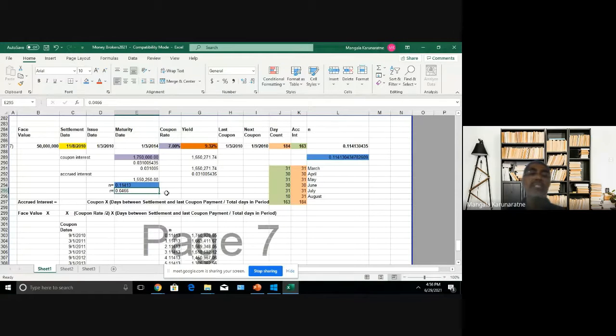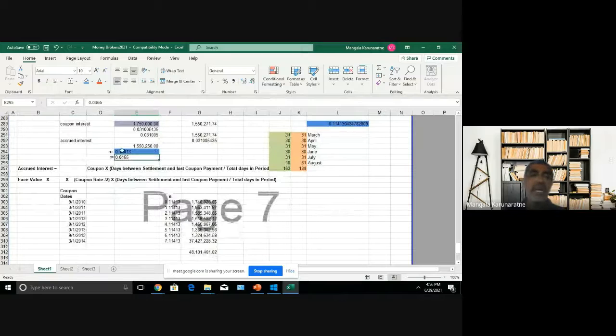So future value divided by 1 plus R to the power n. Now in the first calculation, n is this. Now further calculations: the last one is coming 7 full periods plus a fraction of this period, 7.11413.